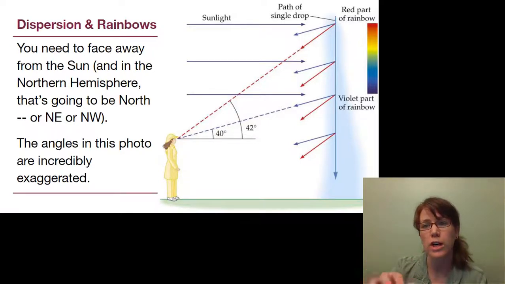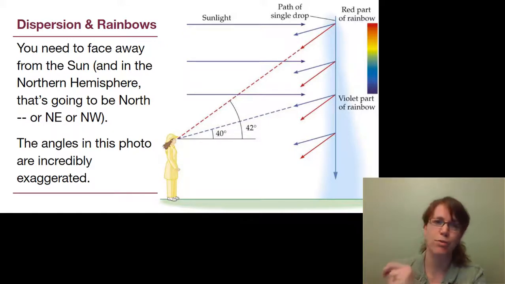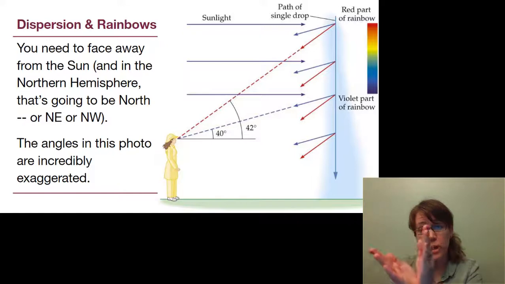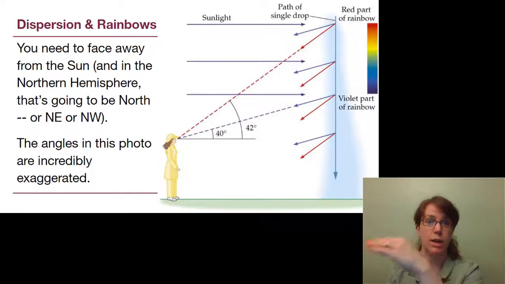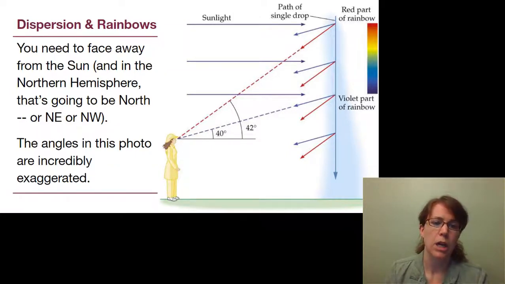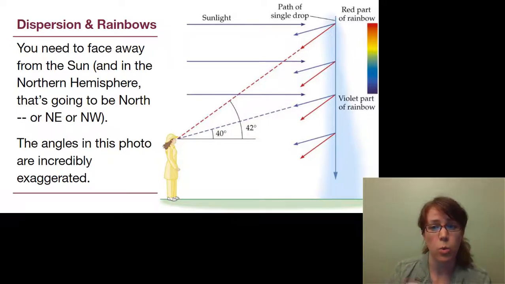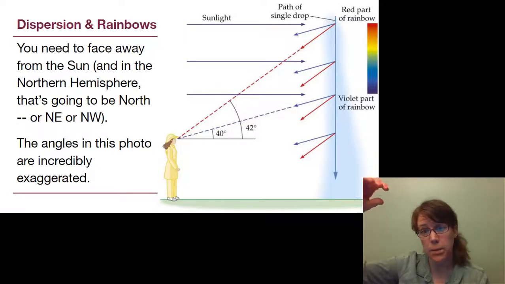And that sunlight is shining through all of those different droplets, and they're all going through that refraction, total internal reflection, and refraction again. And based on where you're standing, you'll see a rainbow for the angles between 40 degrees and 42 degrees from basically directly sideways. The angles in this photo are super exaggerated, but it really helps us understand a little bit about why we're seeing red high up and blue low down.